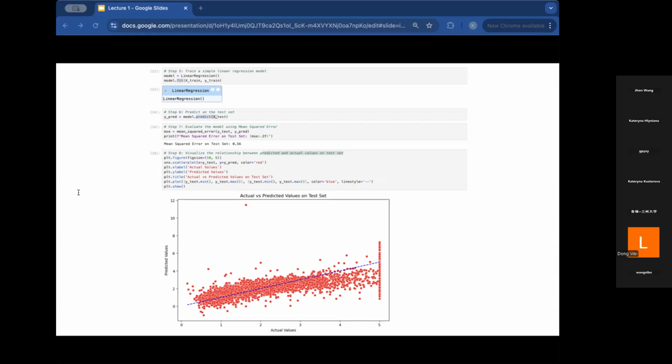In this plot, we can see a general trend where the predictions follow the actual values, but there is still a noticeable spread around the line. This spread indicates that while the model has captured the general trend, it's not perfect, and some predictions deviate significantly from the actual values.